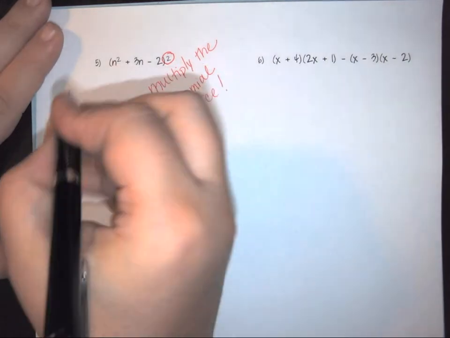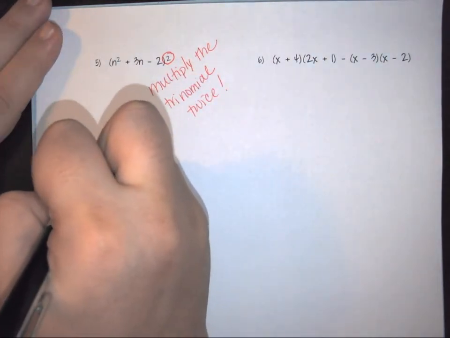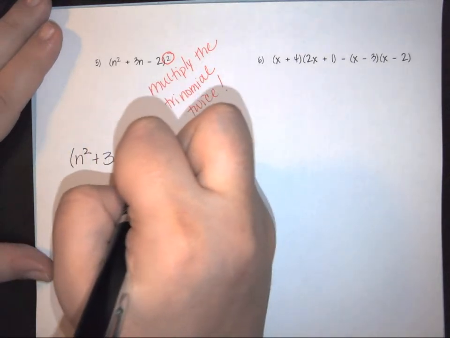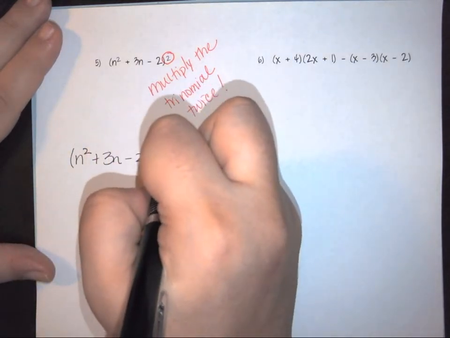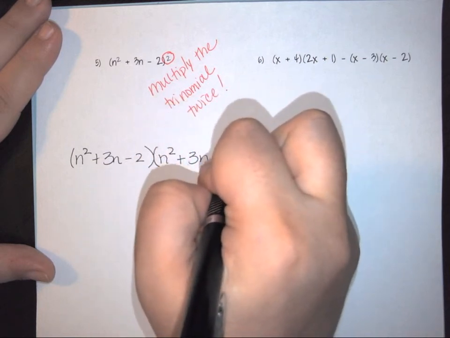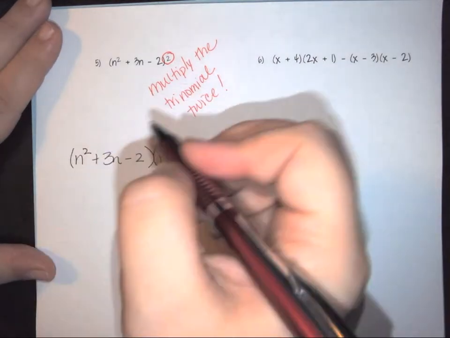So, that says we have n squared plus 3n minus 2, and we are going to multiply that by another n squared plus 3n minus 2. So what we have to do is just the same as before.